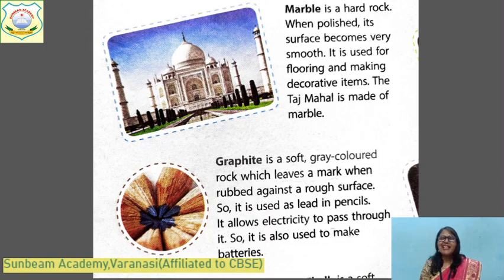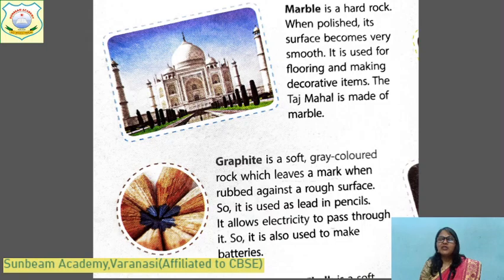Now graphite, you all have seen. It is a soft grey colored rock which leaves its mark when rubbed against a surface. It is present in your pencil leads. Why do we use graphite in pencils? Because the specialty is it leaves a mark.